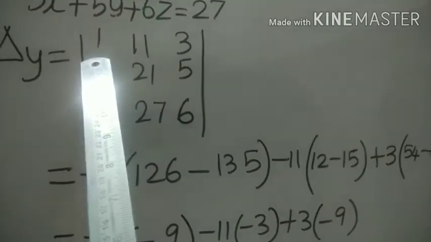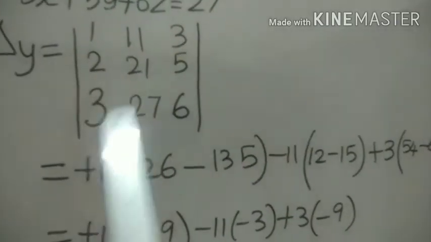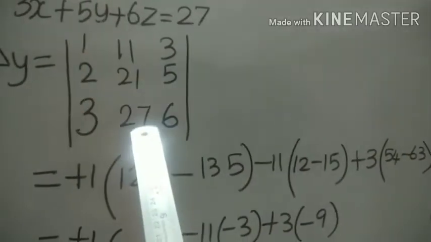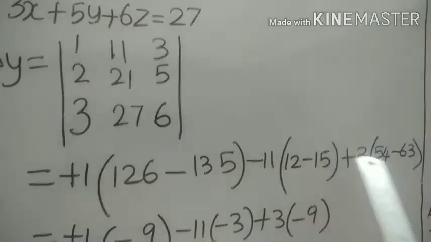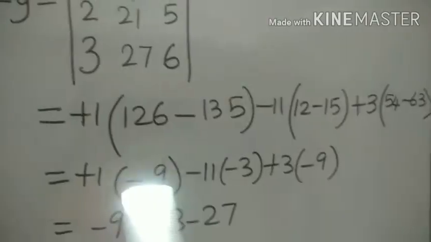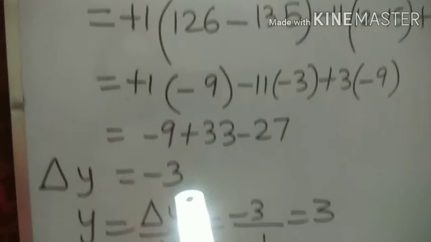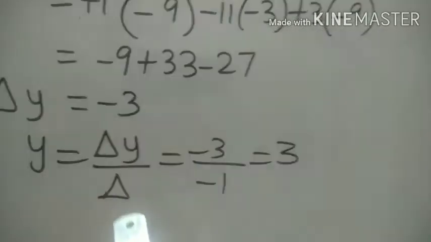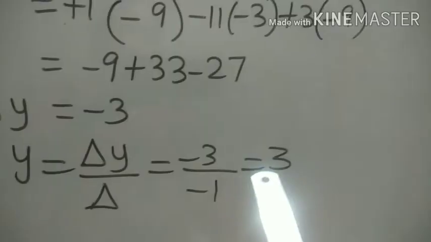Minus 11 into 2 into 6 minus 3 into 5. Plus 3 into 2 into 27 minus 3 into 21. And we simplify the answer and we arrive at minus 3. What is y value? Y is equal to del y by del. Minus 3 by minus 1 equals 3.